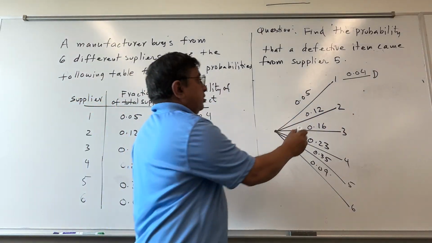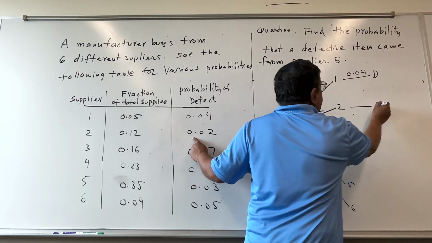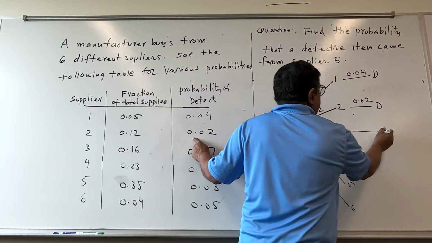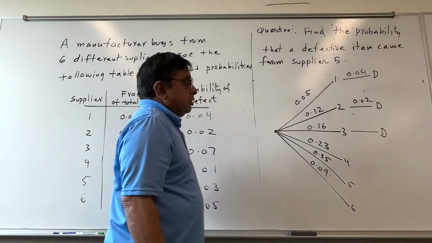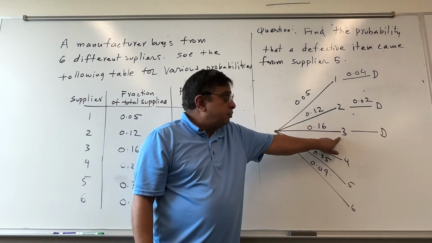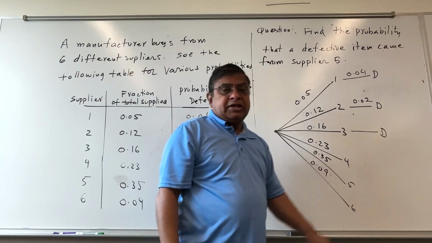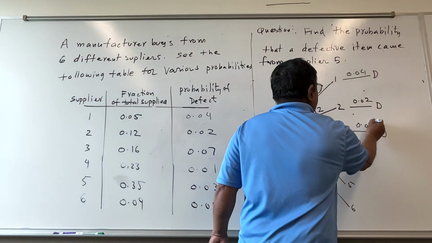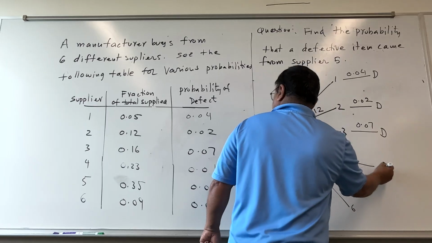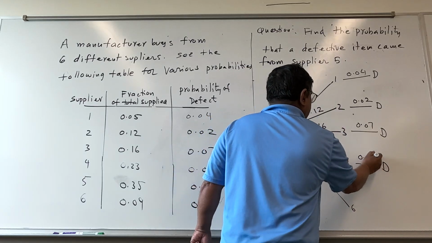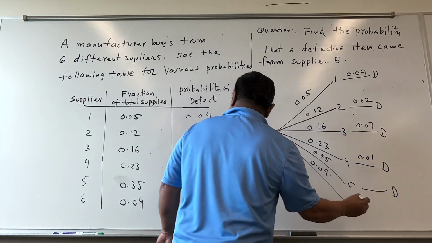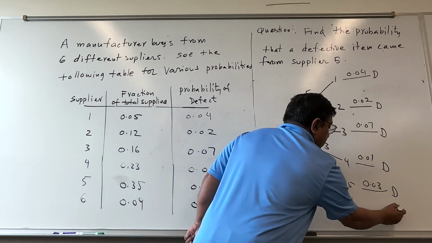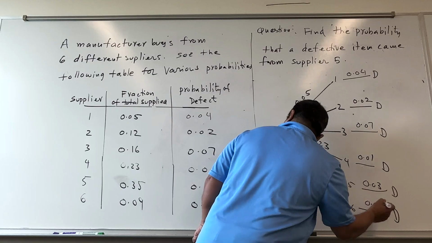Supplier 2 gave you a defective item, that's 0.02. Given the item came from 3, what's the probability it's defective? 0.07. This is 0.01. That is 0.03. The last one is 0.05.